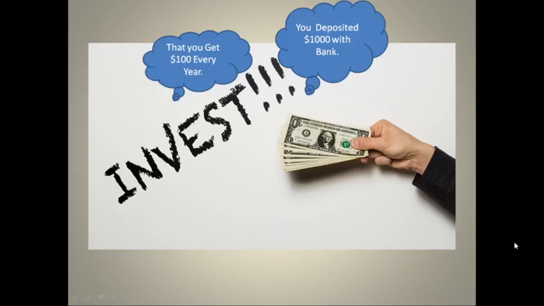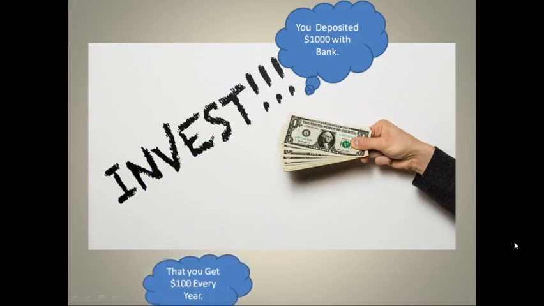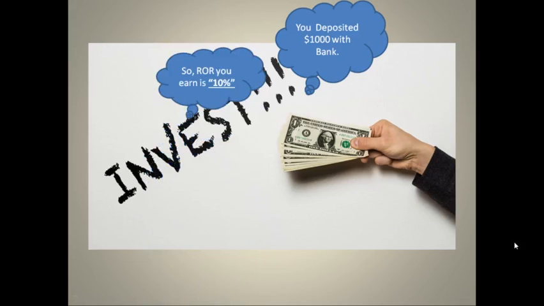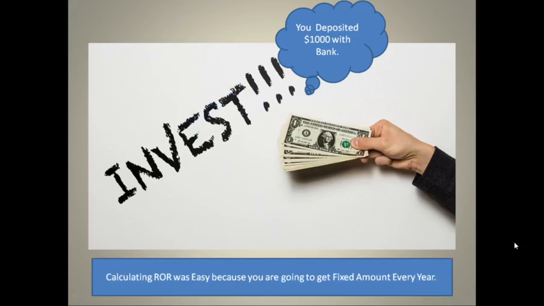If I ask you a very simple question, what is the rate of return, you will very easily say that the rate of return is 10%. Since you are investing $1,000 with a bank, you know that you are going to get a fixed rate of interest every year, and hence it was very easy to calculate the rate of return.